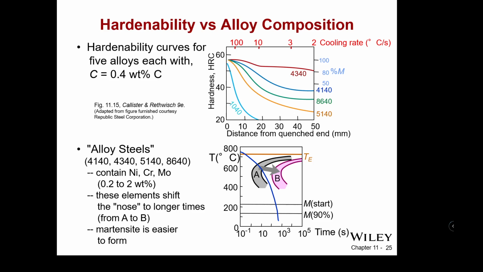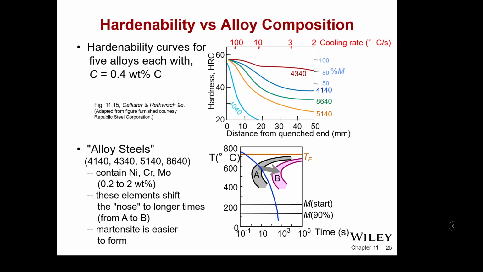So as you change the alloy, you can change the hardenability of how each of these works, and that allows for the cooling curves to have a few different things all together.